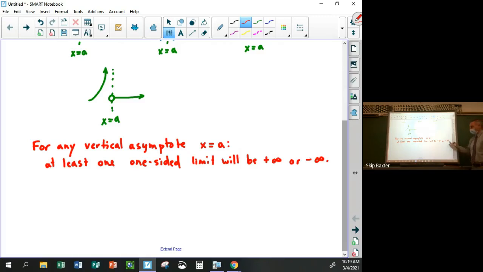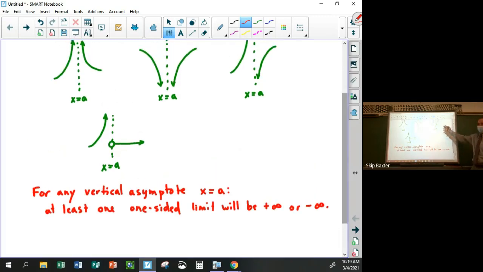Possibly both. Maybe they'll agree, maybe they won't agree, but at least one one-sided limit will have to be positive infinity or negative, right? That's the case in all of these situations.